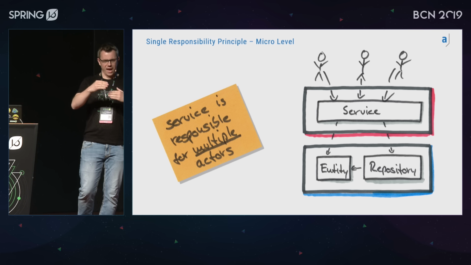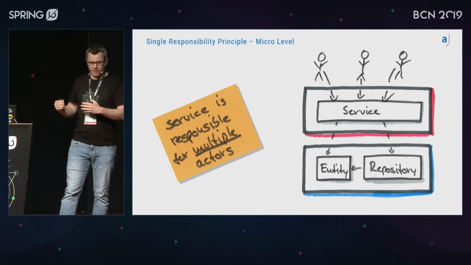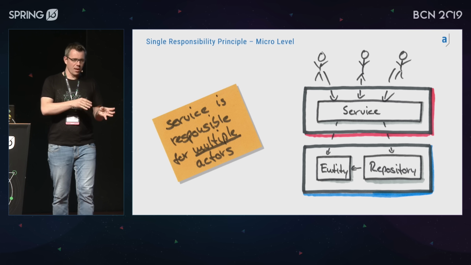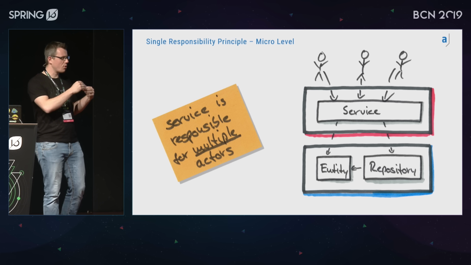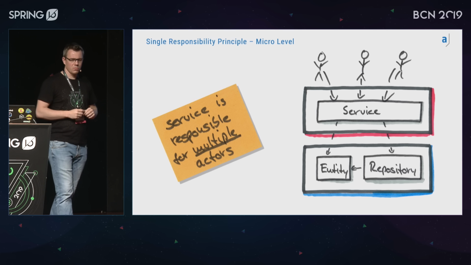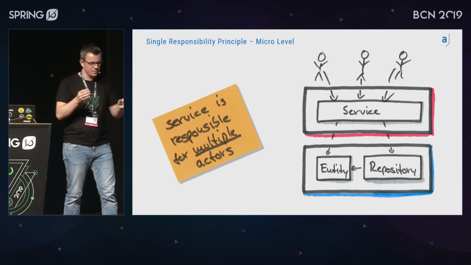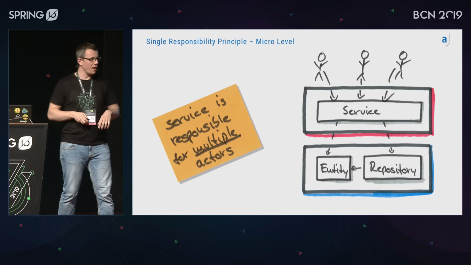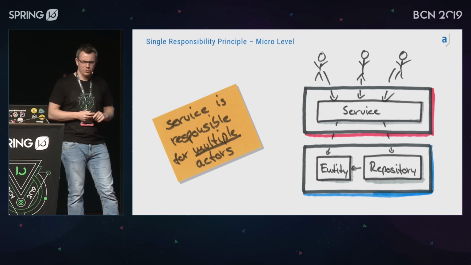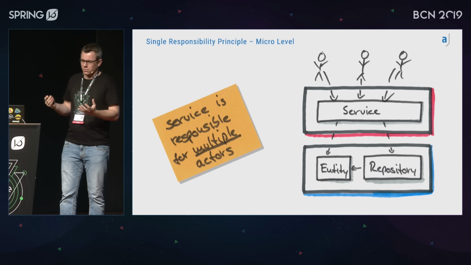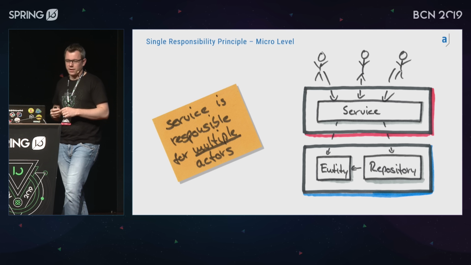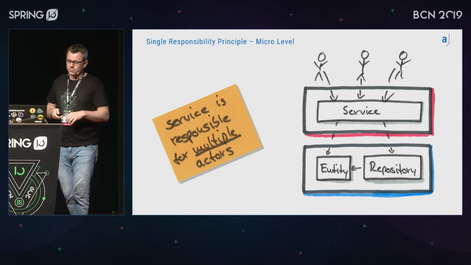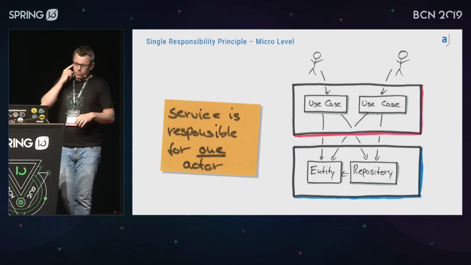So if one of these actors, if one of these user roles requires a change to the application, we have to change this service, and we have to test everything else that's in it again, even if the other 2 actors don't think that anything has changed. So what can we do here?